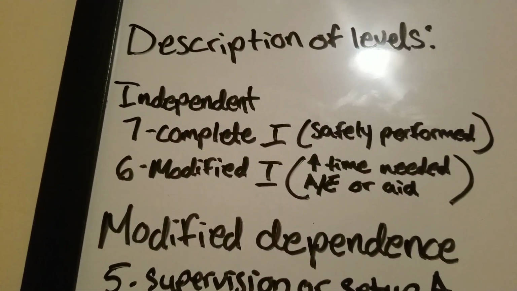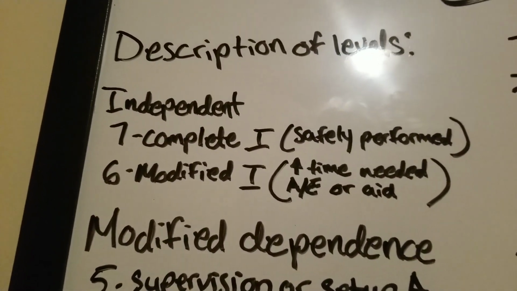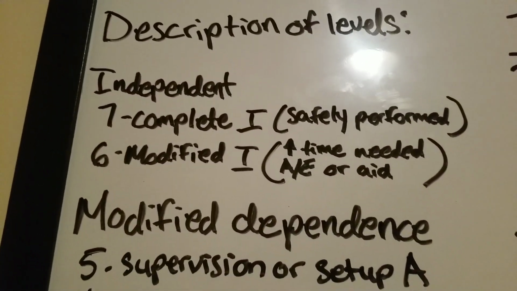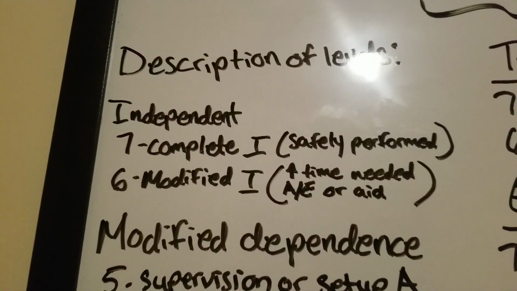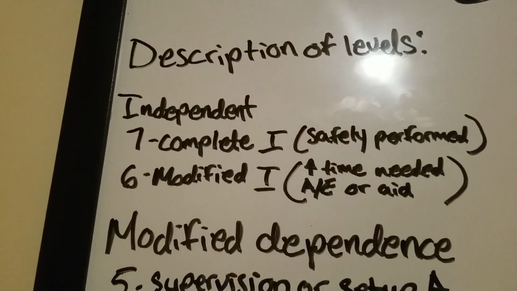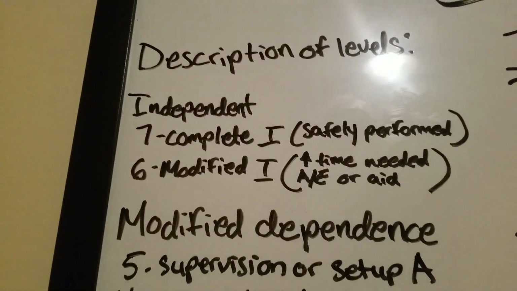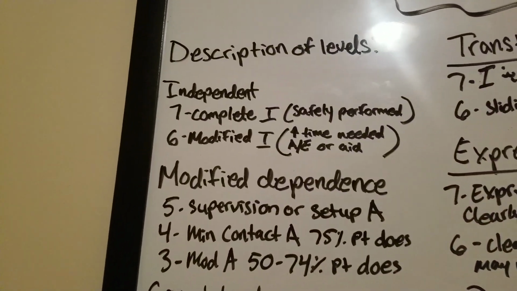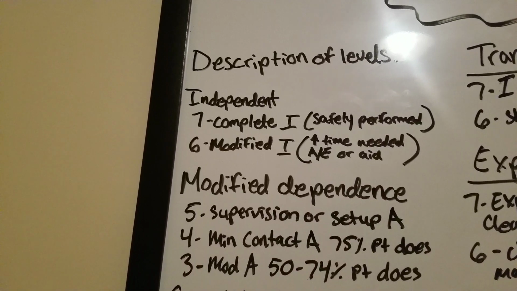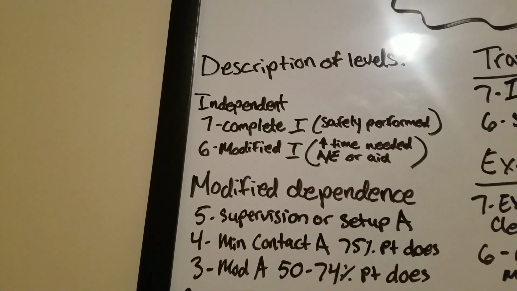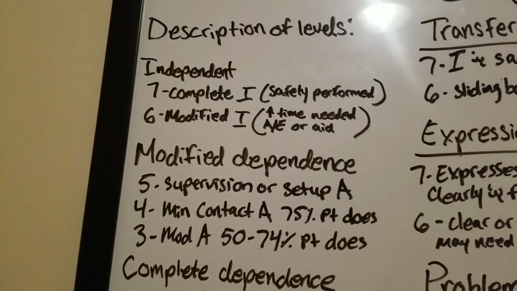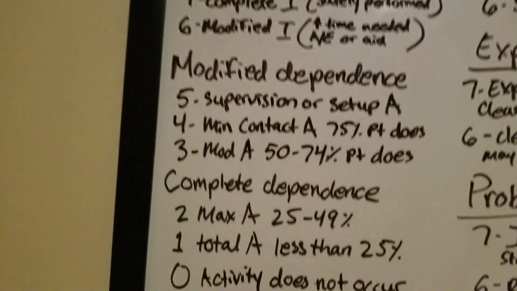A modified independent means it is an increased amount of time needed for the task to be completed, and they may or may not need assistive equipment or an aid. Assistive equipment can range from a reacher to a prosthesis, any item that is required in order to make them independent, they would classify as a 6.